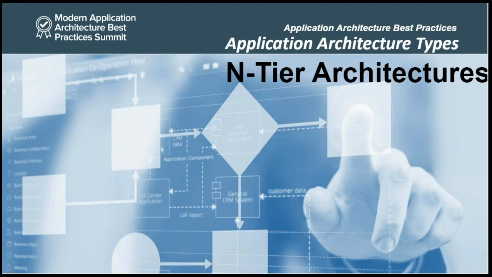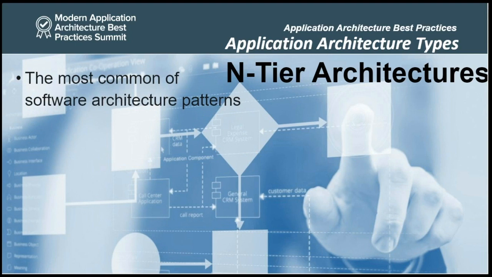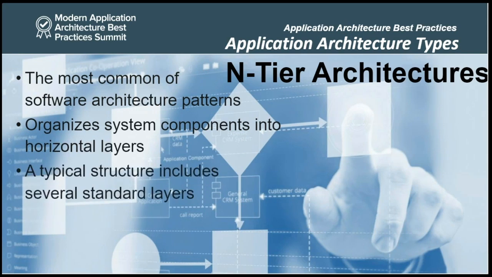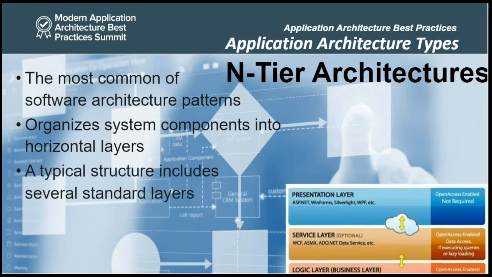Well, we have layers here too in application architecture. As a matter of fact, N-tier architectures are the most common of architectures. Fundamentally, the system is organized in layers that lay on top of each other and communicate with each other. And they look something like this.